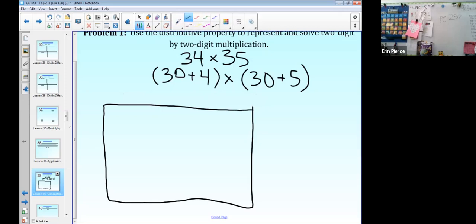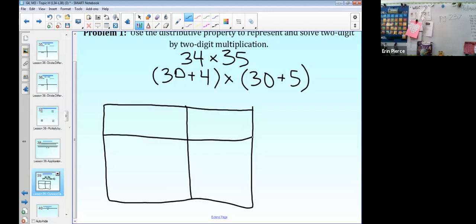And then I need to split it like this, like I did before. But now I'm also splitting it like this. I'm drawing it the way that your book will draw it. It looks slightly different than what Simple Solutions has, okay? I want you to see it how the book has it today so that you're not confused by it.